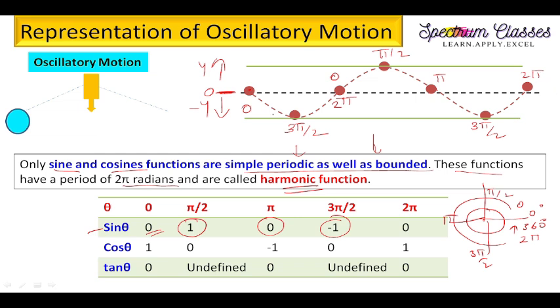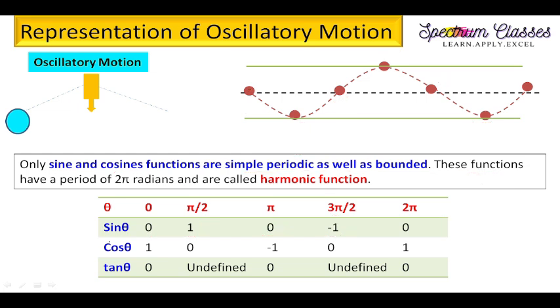So the sine and cosine functions are bounded and periodic, and these are known as harmonic functions. But tan theta is sin theta upon cos theta, so this term 1 upon 0 is undefined, or sometimes written as infinity. So tan theta is not periodic because it does not repeat itself. So we are only considering sin and cos.